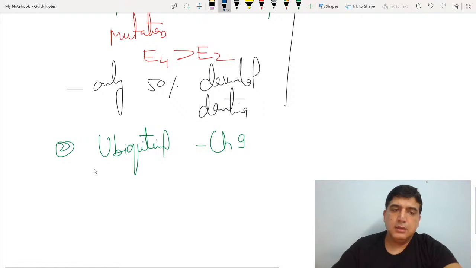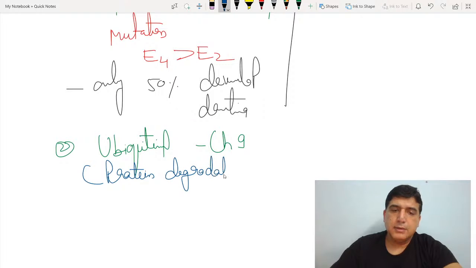Ubiquitin is responsible for protein degradation. Correct? Ubiquitin is responsible for protein degradation.